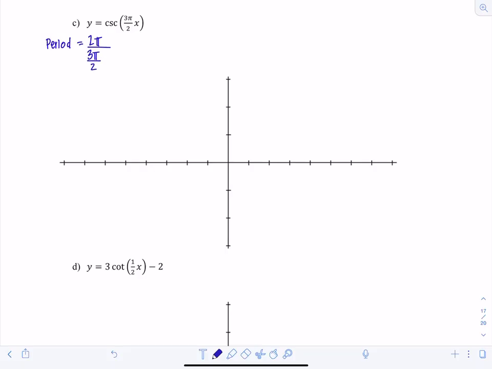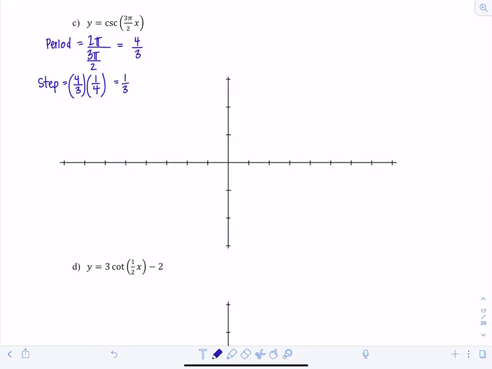So the pi's are going to cancel out, and this is going to give me 4 over 3. Okay, now to get the step, I take the period and I divide by 4. When your period is a fraction and you're dividing by 4, it's easier to think of multiplying by 1/4. It's the same thing, but then you can see that the step is going to be 1/3.